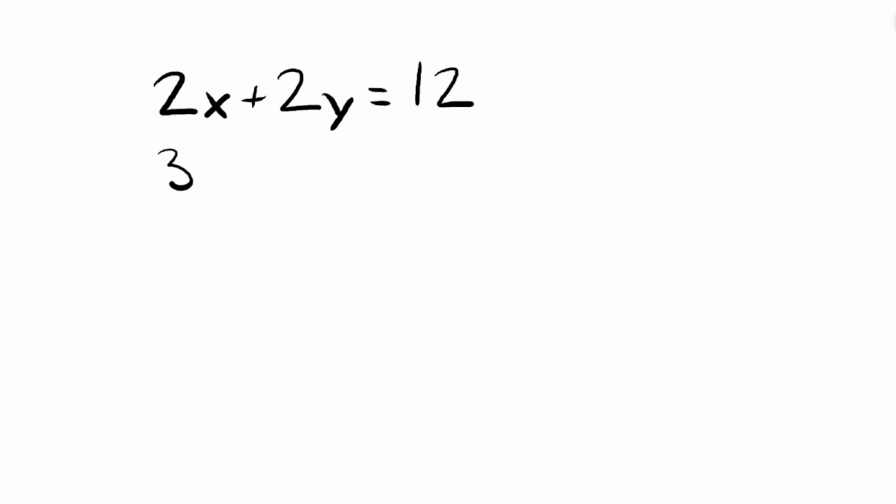Let's have an example that isn't a matrix and make it into a matrix. So, let's say we have 2x plus 2y is equal to 12, and we have 3x plus 4y is equal to 22.